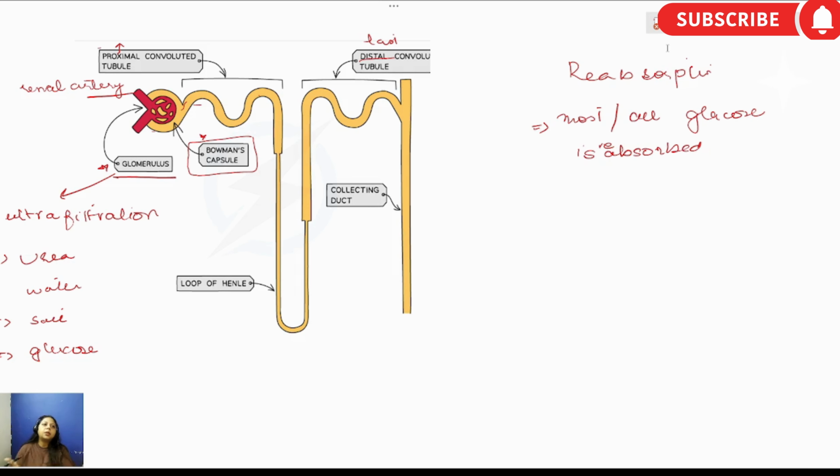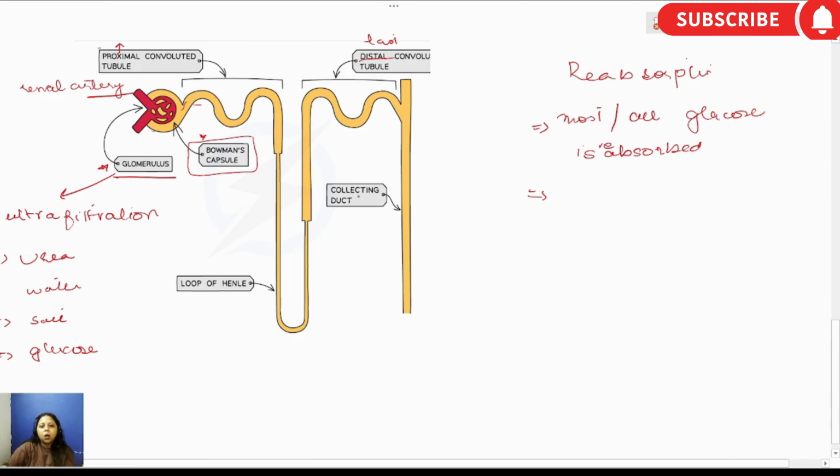Then you can say maybe this person has diabetes. Why do you think so? Diabetic patients have glucose in the blood. What is diabetes? Excellent, because insulin is not there to convert glucose into glycogen. That's why their urine contains glucose.